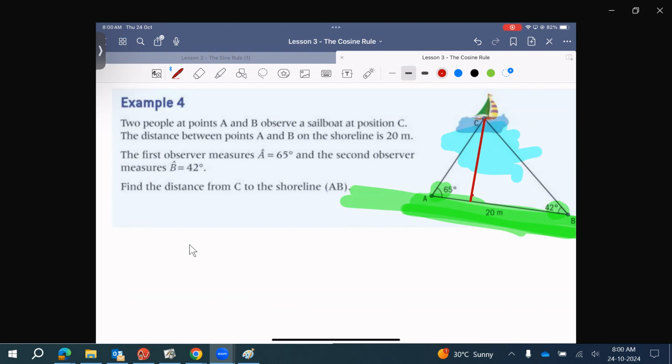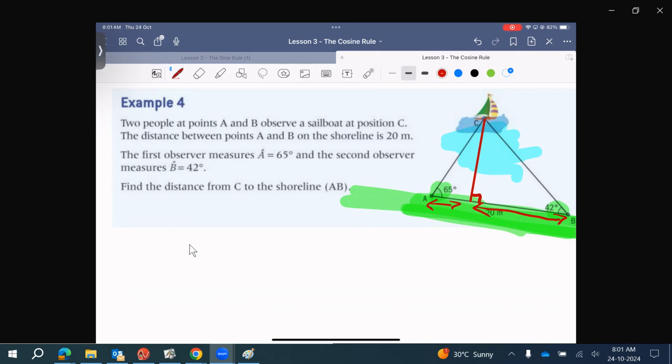So we need to find the length of this line that I've drawn in red, and that line is at right angles to the shoreline. Now the tricky part of this is we don't have the distance along here. We don't know where along the shoreline between A and B it is that we're looking for. So in order to solve the problem, we're going to have to use SOHCAHTOA.